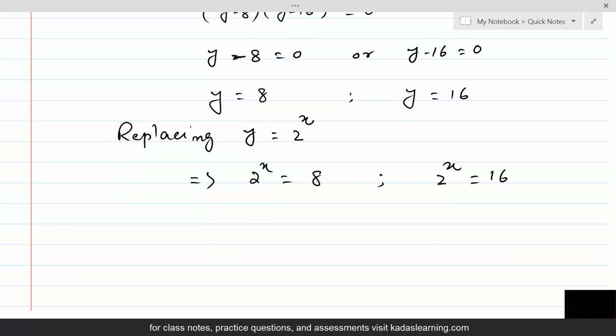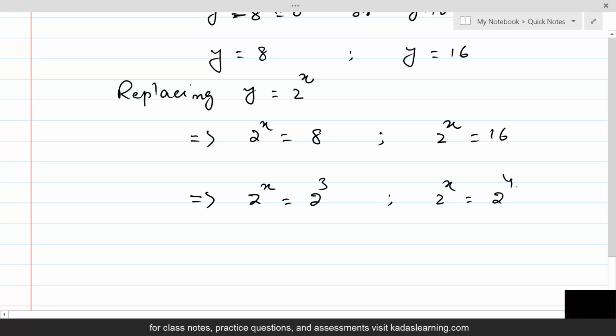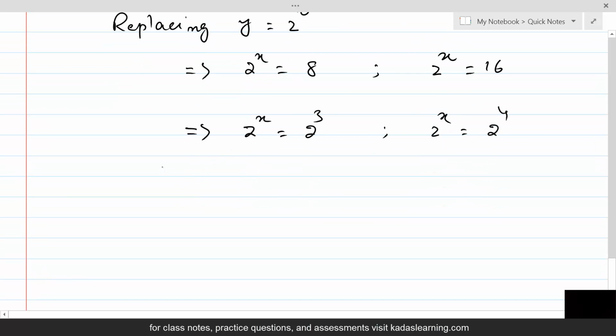Similarly, by converting 8 into exponential form and 16 into exponential form, we get 2 power x equal to 2 power 3 and 2 power x equal to 2 power 4.